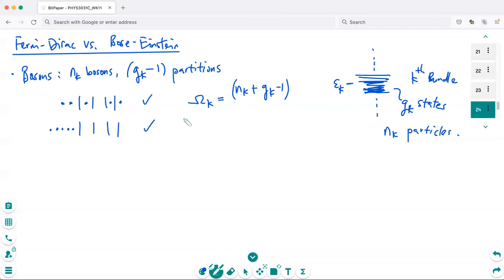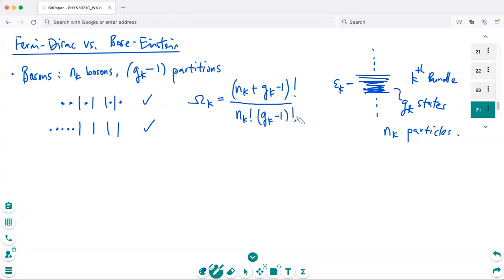How many different ways can I arrange 5 dots and 4 lines along one dimension? So I have this many different possibilities, but I have to divide by NK factorial. That is because I cannot tell the difference between the particles, and I also cannot tell the difference between the partitions, so I need to do it this way. This is a coin problem. Okay, and at this point you realize, hey, this is an identical formula.